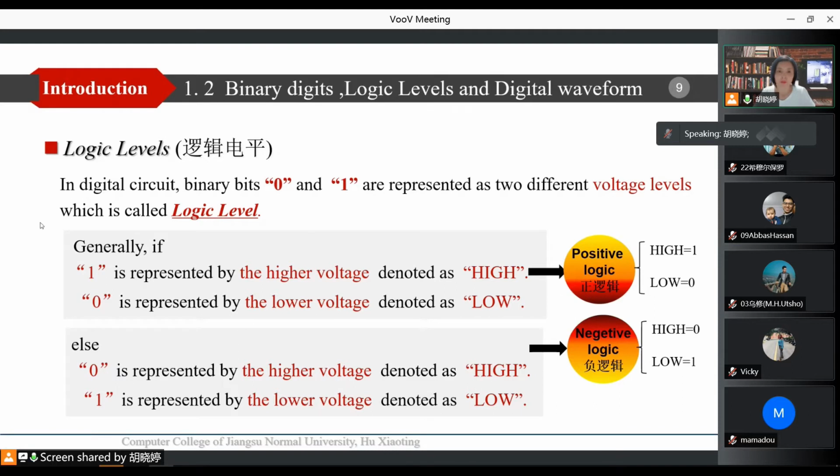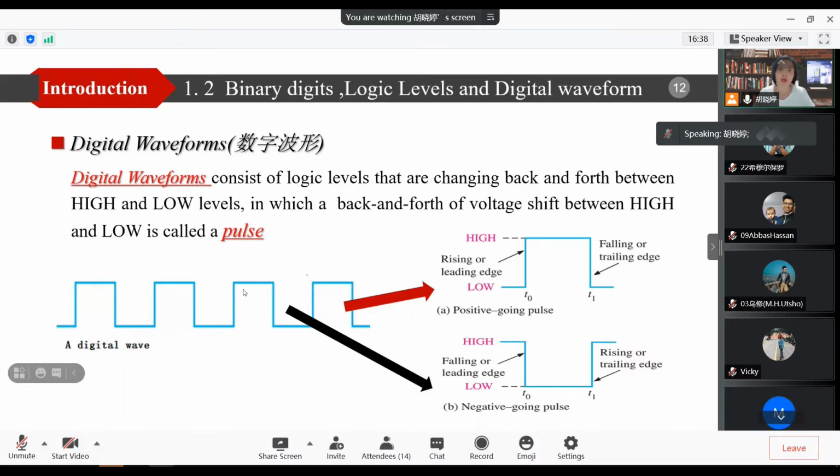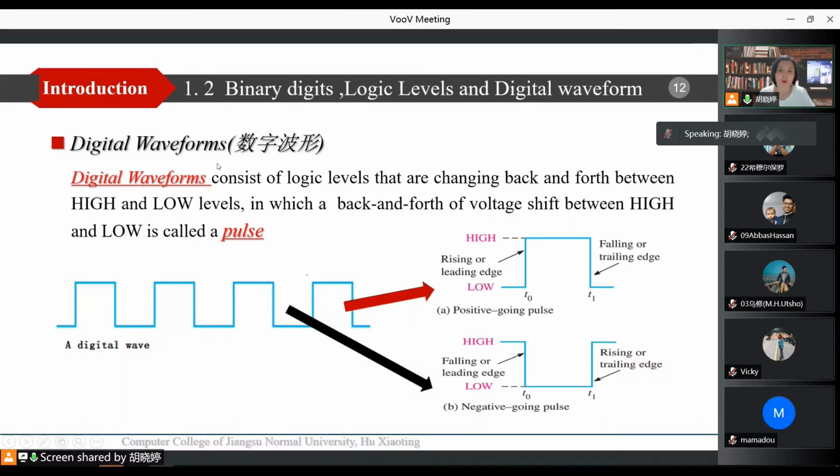In order to describe the information we will transfer, we need to use a series of logic levels. That series of logic levels is called a digital waveform.